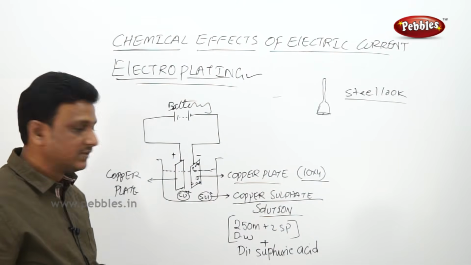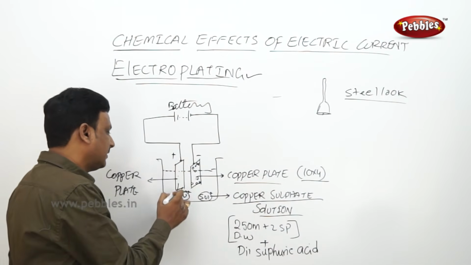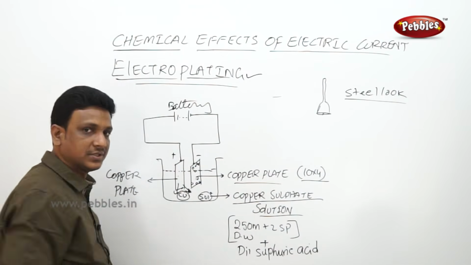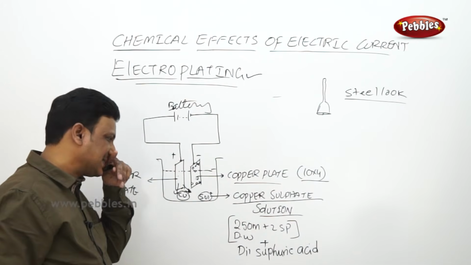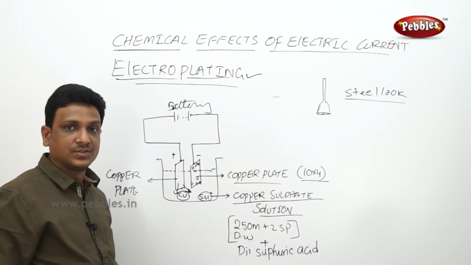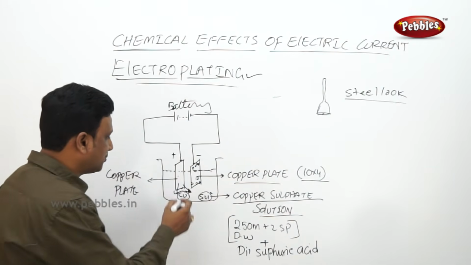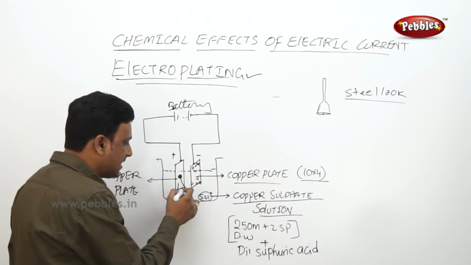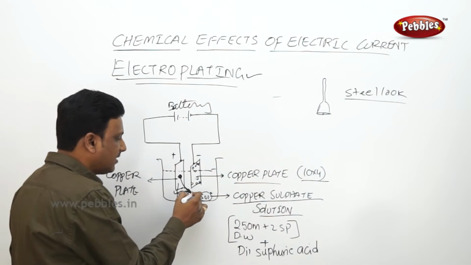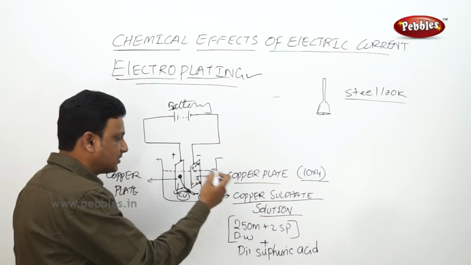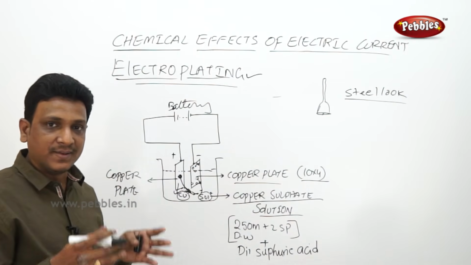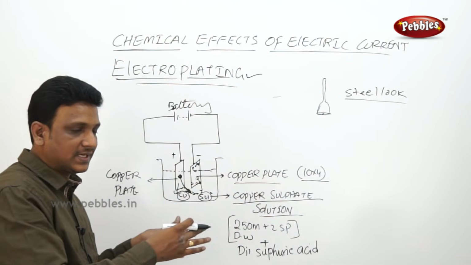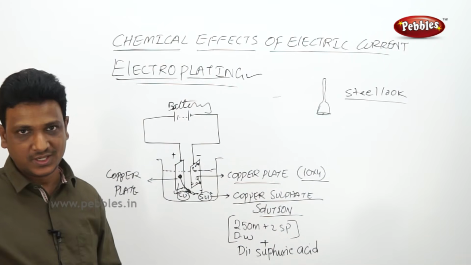The other plate has the copper, and it will give it to the solution. So the solution gets the proper amount of copper with the sulfate. What is happening here is a cyclic process: the copper from this plate is passed to the solution, and from the solution it is passed to the other electrode. In this way you can deposit the metal from one electrode to another electrode through a solution.